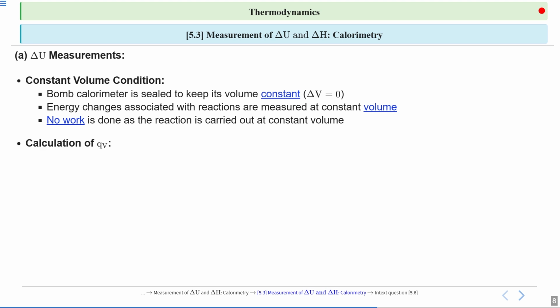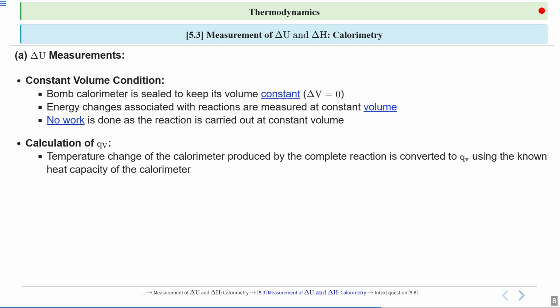Now, if you are calculating the QV, how will you calculate it? What will be the process? So it's very simple. We know the temperature change. We have already calculated it with the help of a thermometer. And we also know the heat capacity of the calorimeter or the liquid. You can use both the terms. So do not confuse it. You don't have to worry about it.